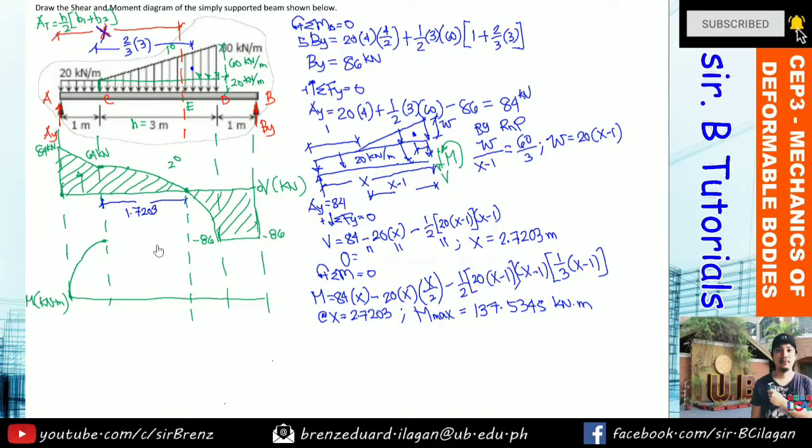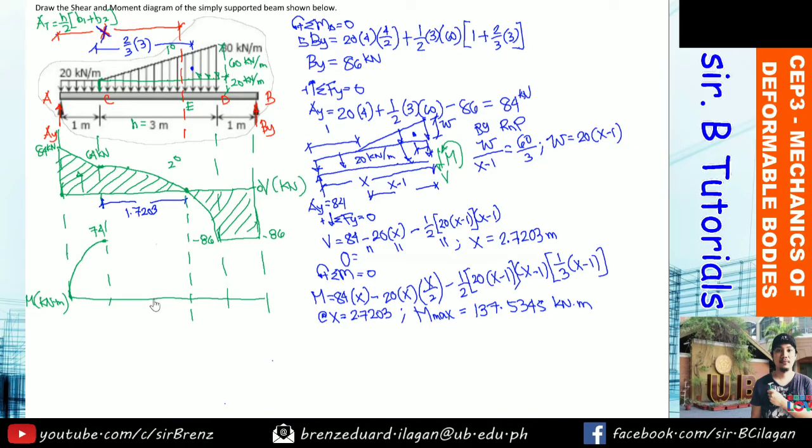Ay, ba't ito ay 3? 74, sorry. Ba't over 3 yun? So, h over 2 or 1 over 2 times the quantity of h1 plus h2. 74. So, 74.